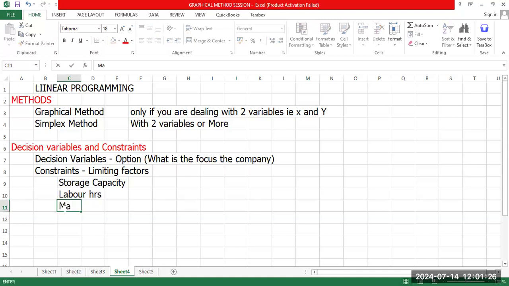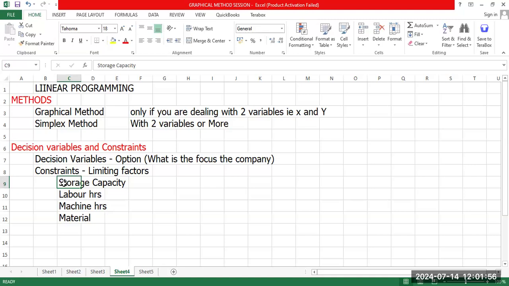Talk about machine hours: you have machines, but you cannot use them for more than a specific time. Talk about your materials: you may need to produce 100 products, but do you have enough materials to do so? All those can be your constraints.